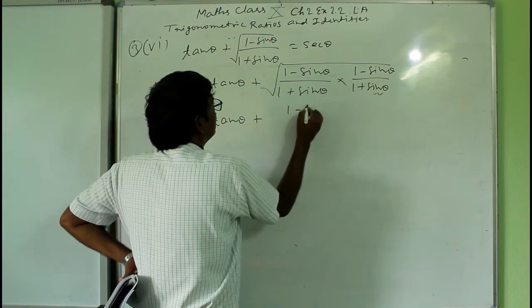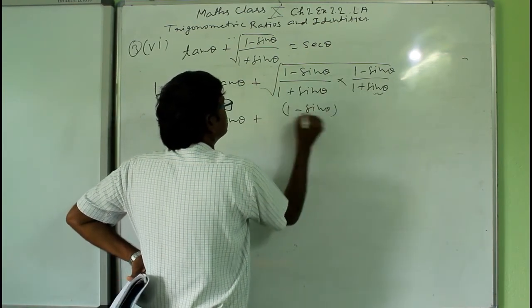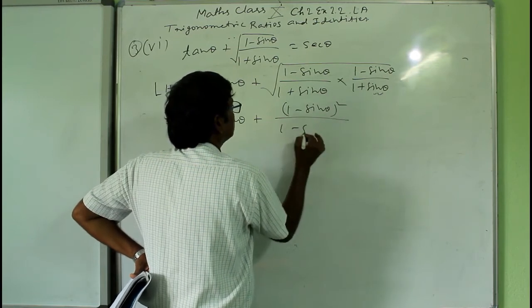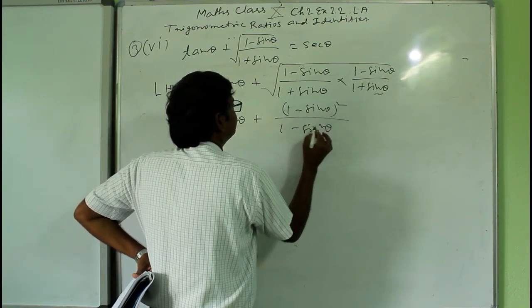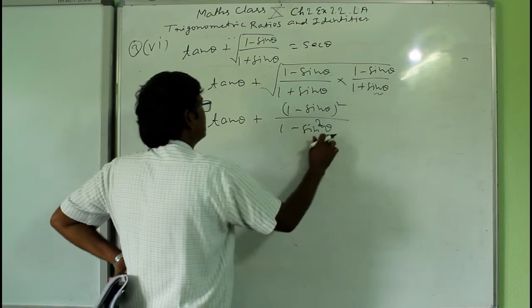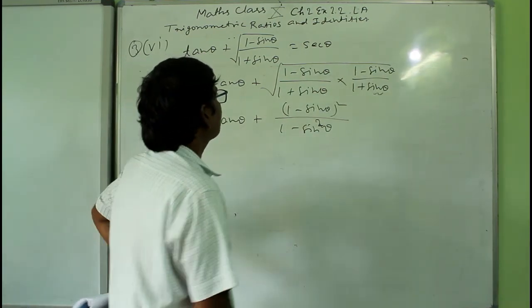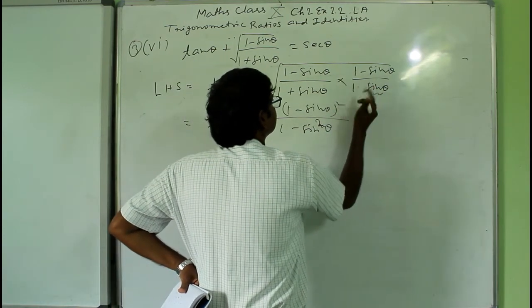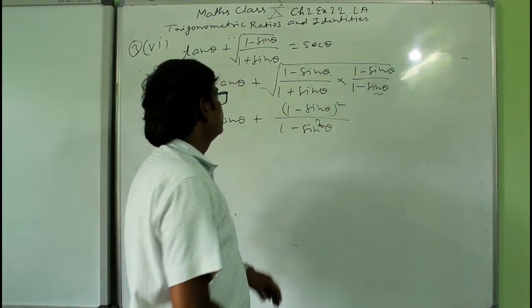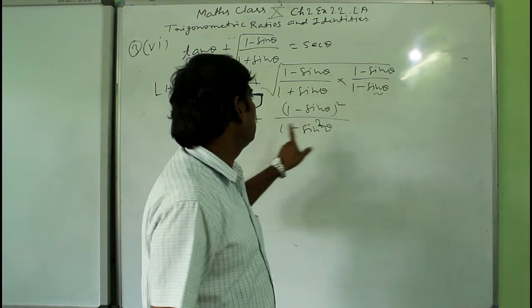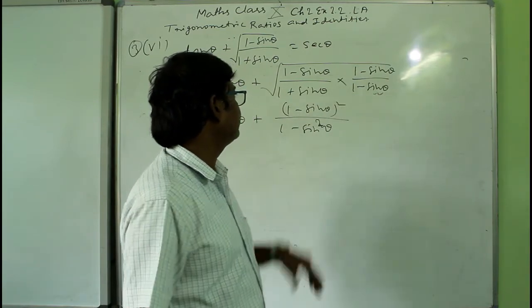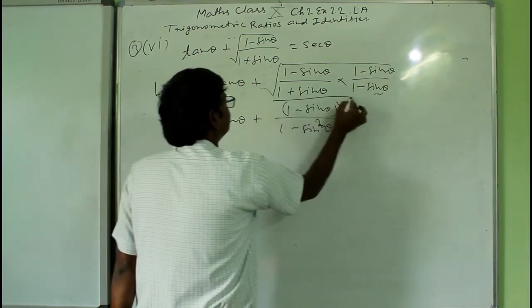Now this will be 1 minus sin theta whole square, and here will be 1 minus sin square theta. This is sin square theta. A plus b into a minus b, here it is minus. So a plus b into a minus b is a square minus b square, that is 1 minus sin square theta, and root.